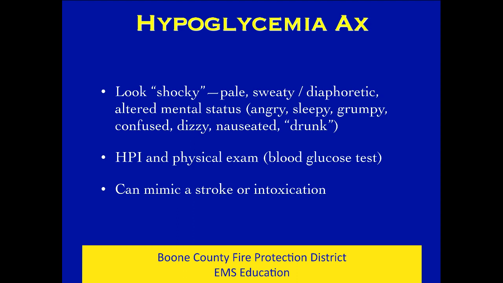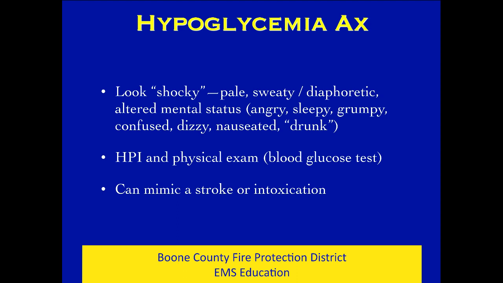How are you going to know what's going on? Well, your history of the present illness, your HPI, and a physical exam. A real physical exam, but that's got to include blood glucose. So vitals and everything else. And a decent physical exam where you're looking for other signs, symptoms, maybe history clues, maybe a medical alert bracelet or something, maybe some hard candy in their pocket, maybe, who knows, maybe an insulin pump, but a reasonable physical exam while someone else is getting you a blood glucose test, because that really is the number you're looking for.